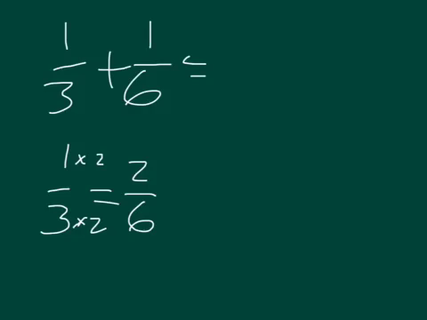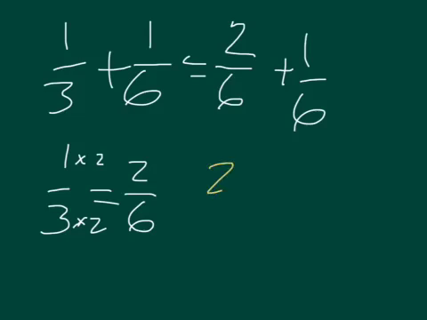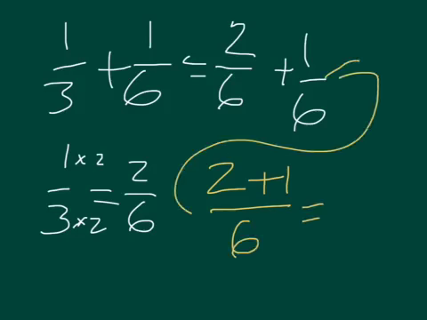So I have 2/6 plus 1/6. And I wanted to highlight one thing. Make sure you don't forget that 2 plus 1 over 6 is the same thing as 2/6 plus 1/6. And what do I end up with? I end up with 3/6, and 3/6 can be simplified to 1/2.